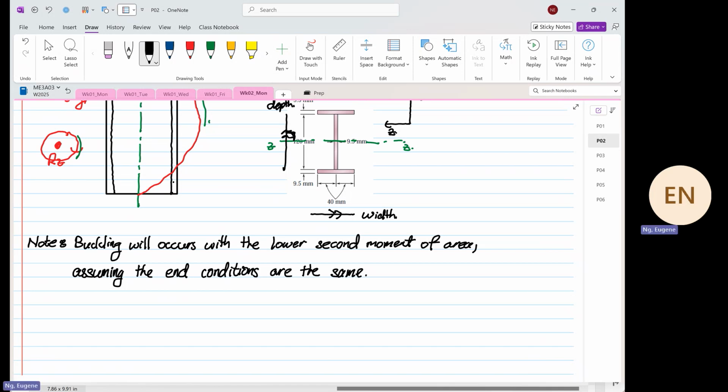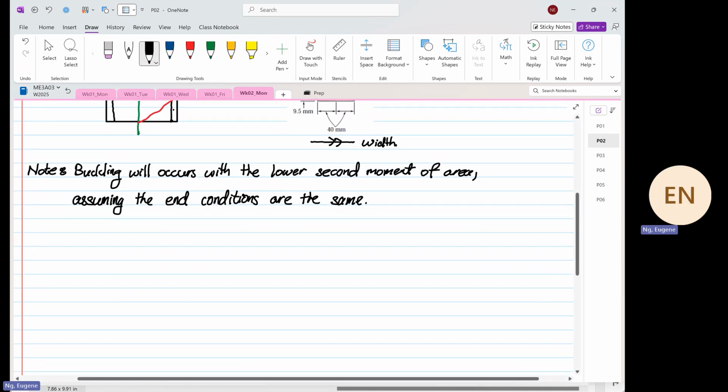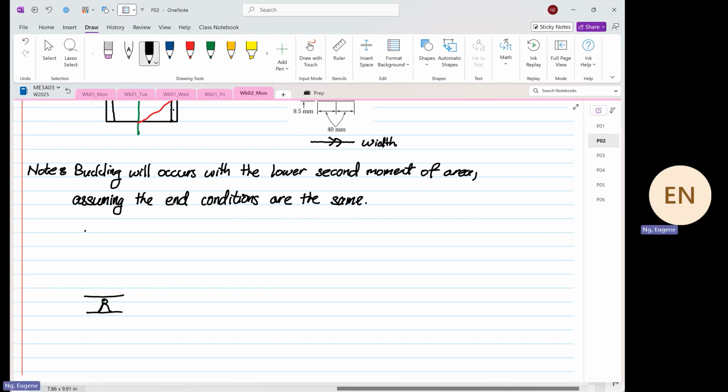Okay. When we assume the end conditions are the same, what do we mean by end condition? For this case, it did not specify, but the end condition for this case, I'm going to put the load P down here. Okay, so this is pin, and the other side is pin. So this over here is known as the end conditions.